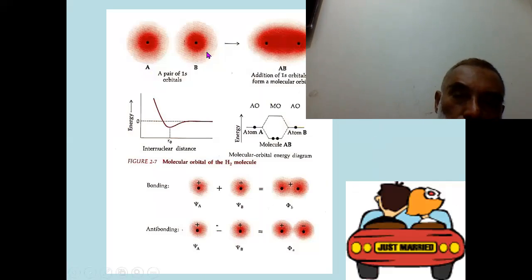When two atoms are coming closer, at a certain state, the energy is lowered, maximum lowered, and this is the bonding state. And when it goes further, then again the energy is increasing. From the distant area it is coming to the nearer end, and this is the optimum distance where bonding is formed.